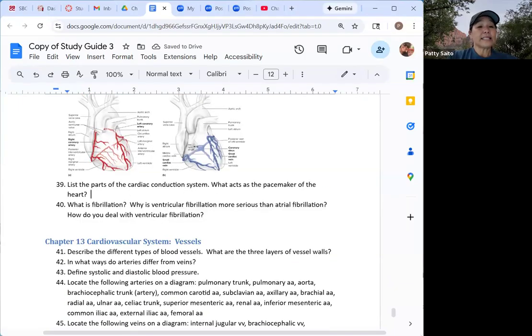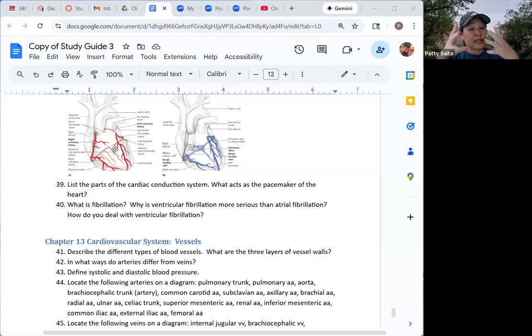All right. Next thing is what we call the cardiac conduction system. So how do you regulate the beating of the heart? Now, this is talking about blood supply, but how does it know when to beat? When to contract? Because it's very rhythmic, right? And it's very organized.